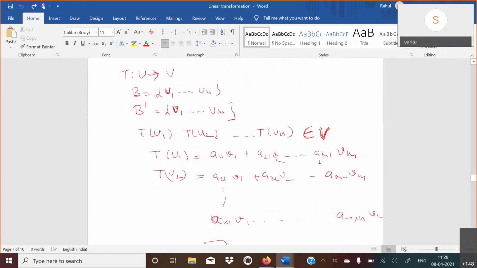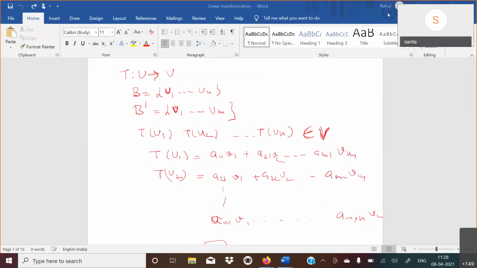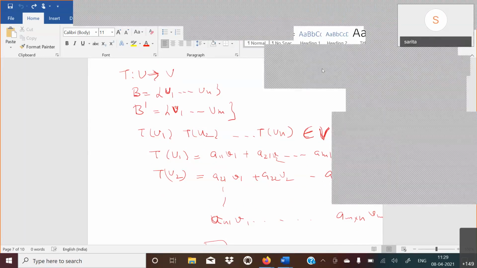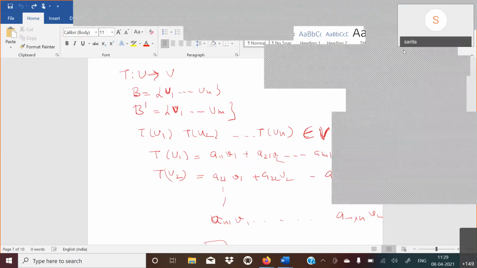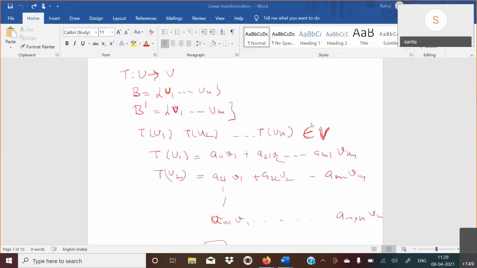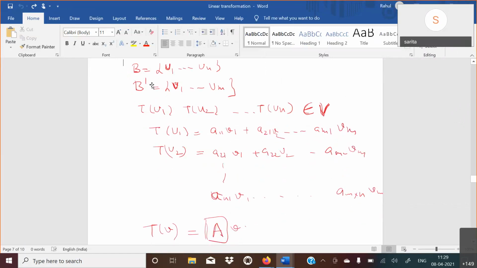Anyways, I was explaining this in matrices, that if B has u1, u2, ... un and B dash is another, then we can actually write this.